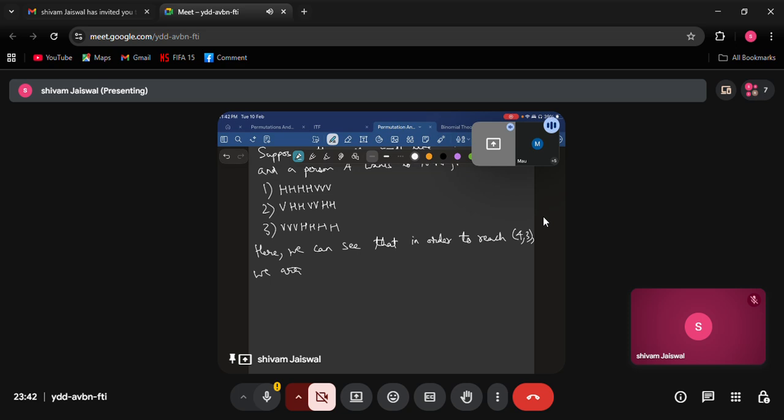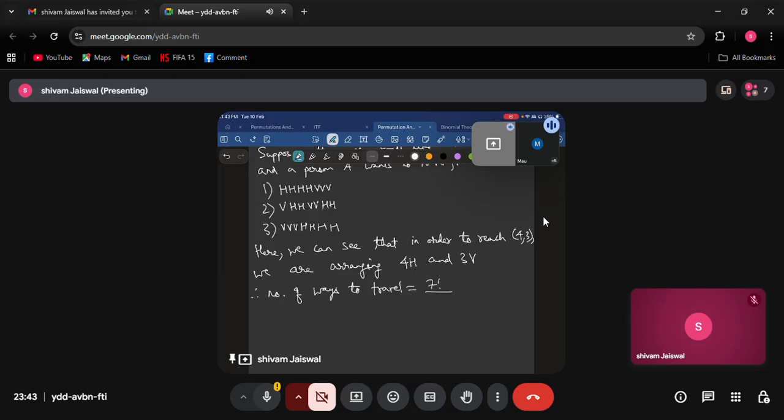Raktim, did you understand? Yes, sir. We are arranging four horizontals and three verticals. Therefore the number of ways to travel will be 7 factorial divided by 4 factorial into 3 factorial. Correct.